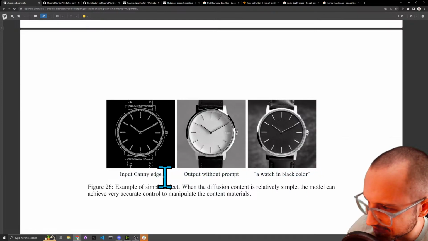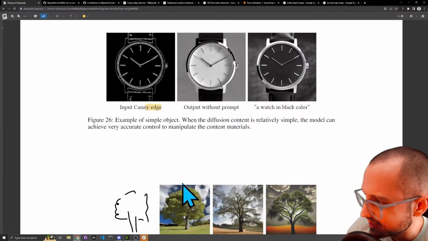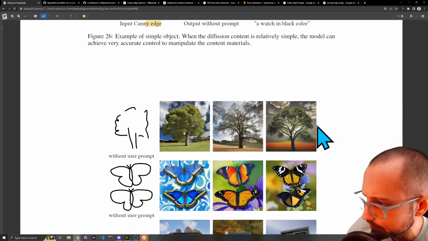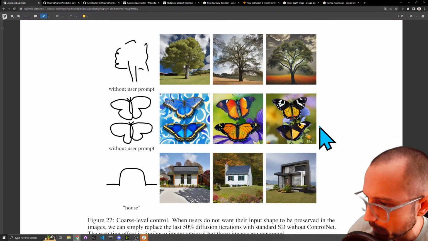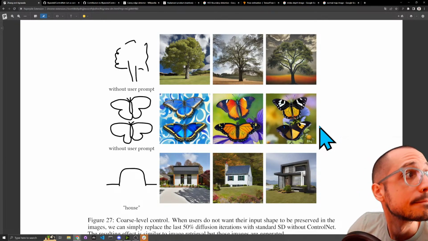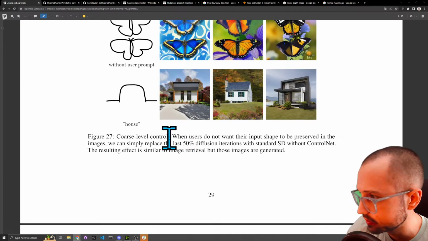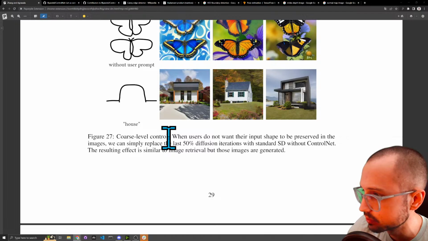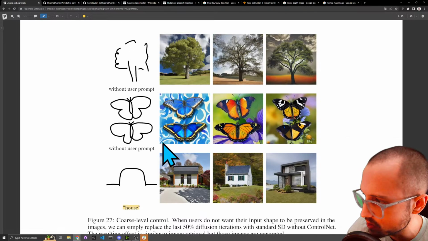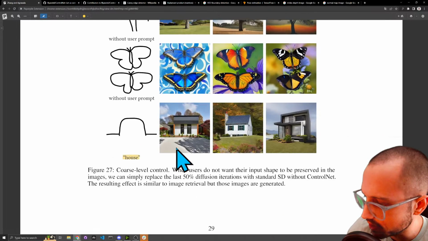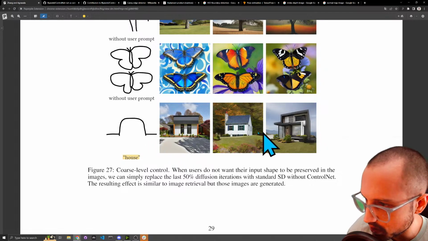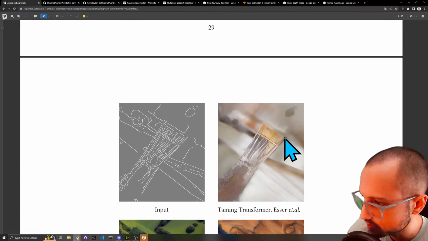That is very clean. And even with very primitive scribbles, you can actually control quite well.